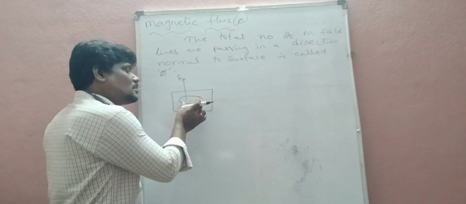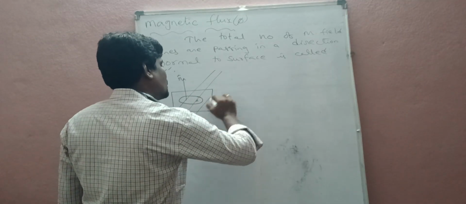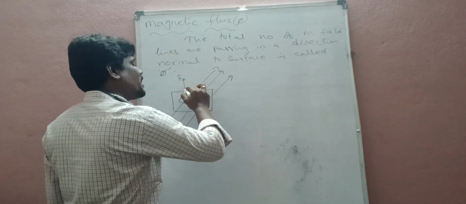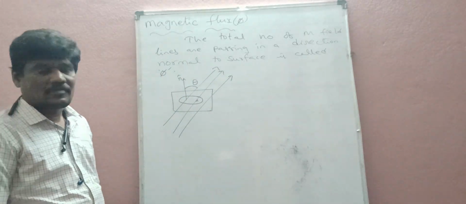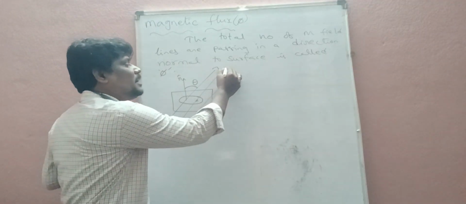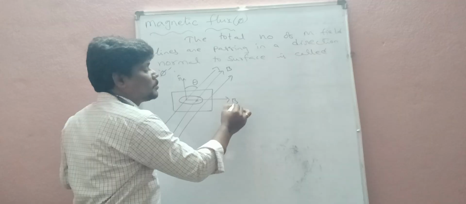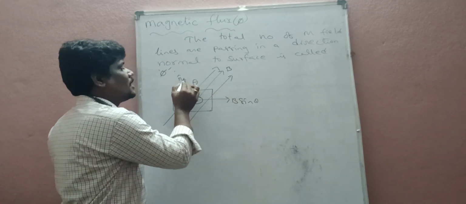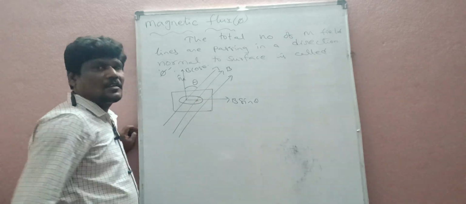Now, this surface is placed in the magnetic field, which makes angle theta with the normal. Now, B can be resolved into two components. This is B sin theta and this is B cos theta.